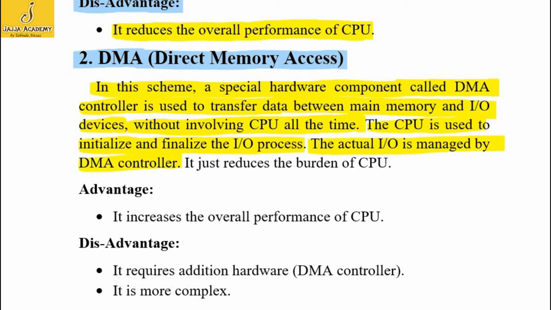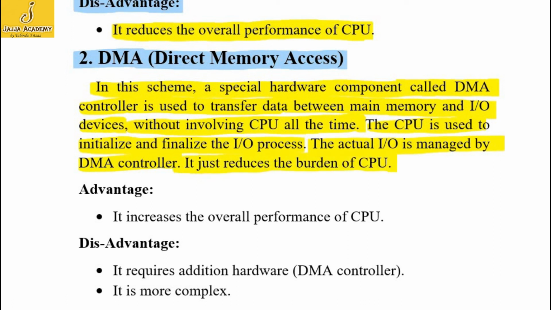It means that in order to complete the input output operation, the DMA controller involves the CPU twice. First, when the process has to be started, and secondly, at the completion of the I/O operation. So it reduces the burden of the CPU.